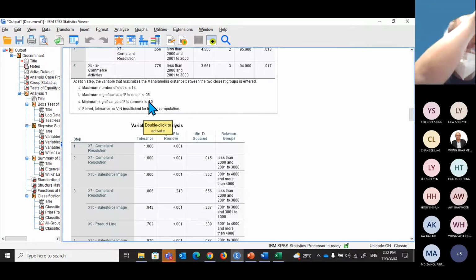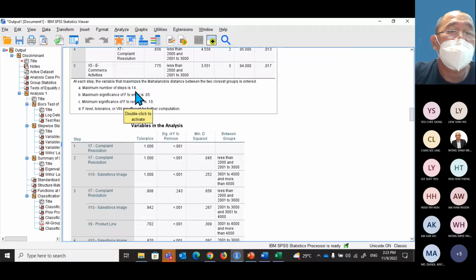The variable that maximizes the distance between the two closest groups is entered. So D power 2 is the highest between the two closest groups is entered. Maximum number of steps is 14.